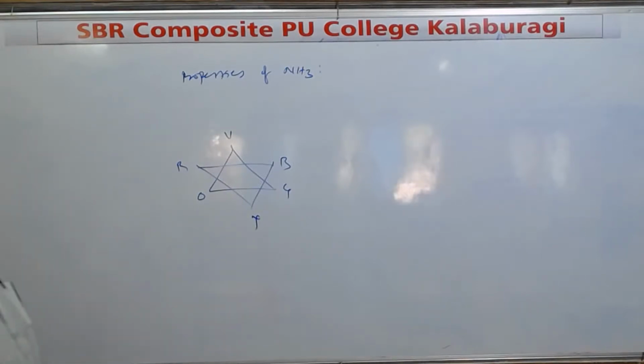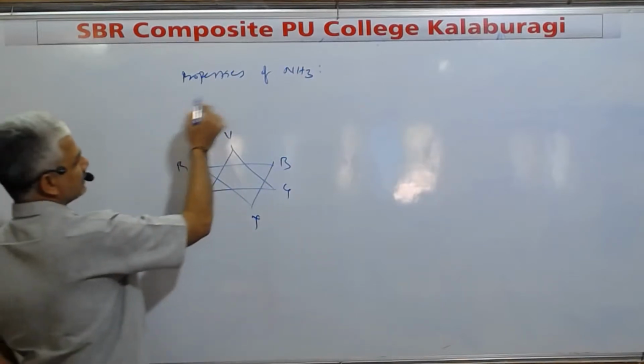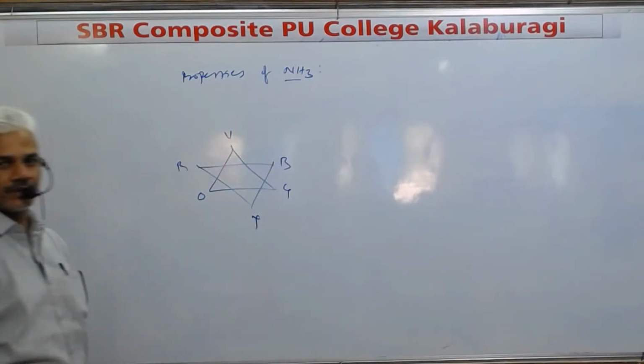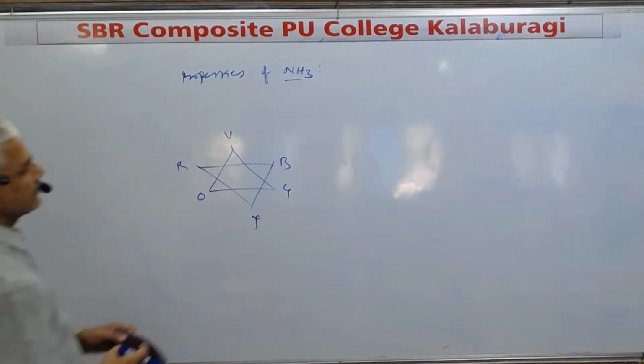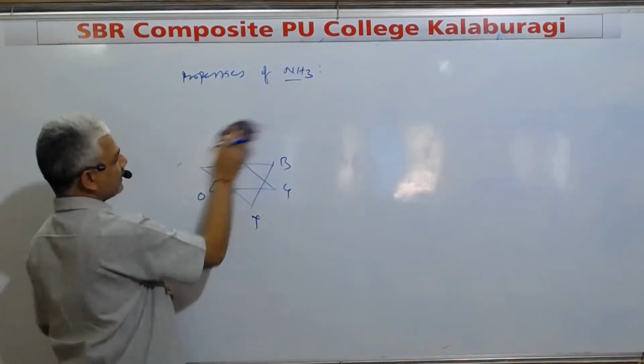So further, for the confirmation of transition metal ions, we can make use of the reaction with ammonia. Here, even though we say reaction with ammonia, actual reaction will be taken with ammonium hydroxide.